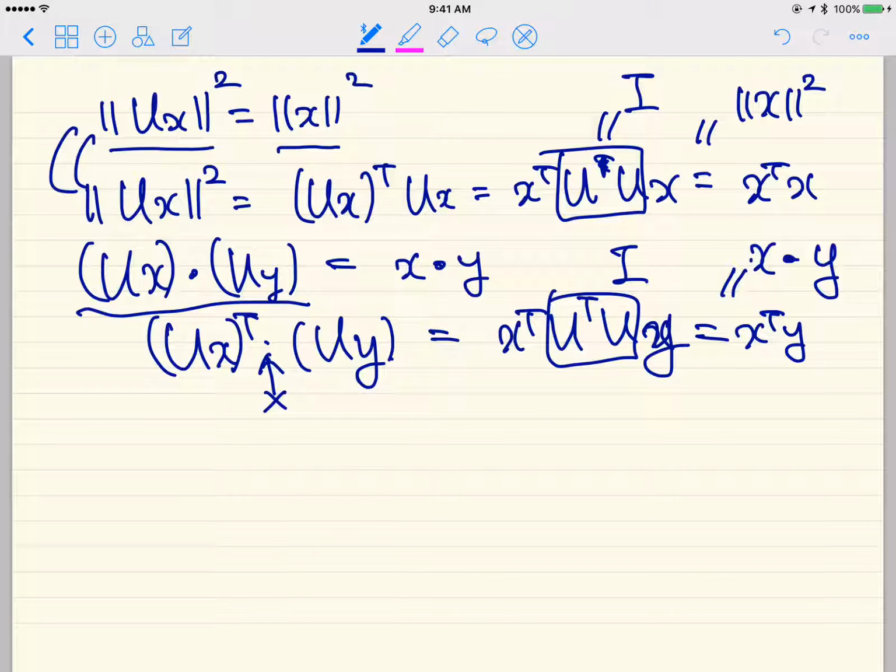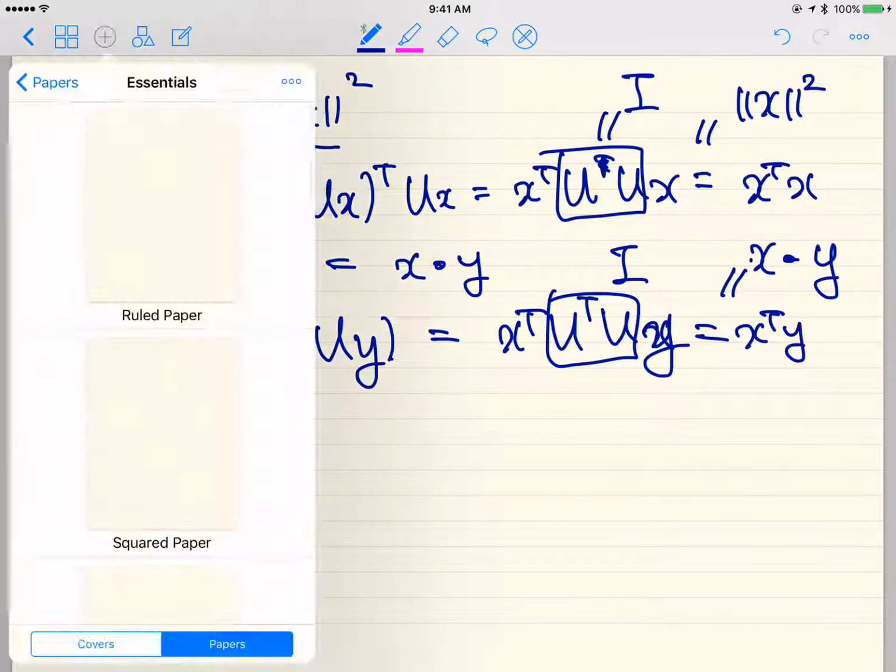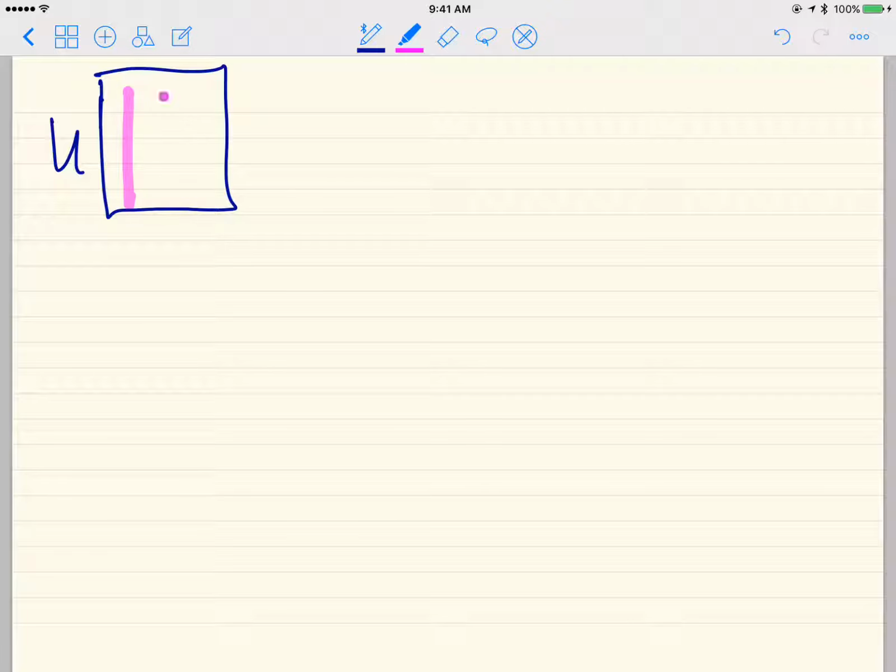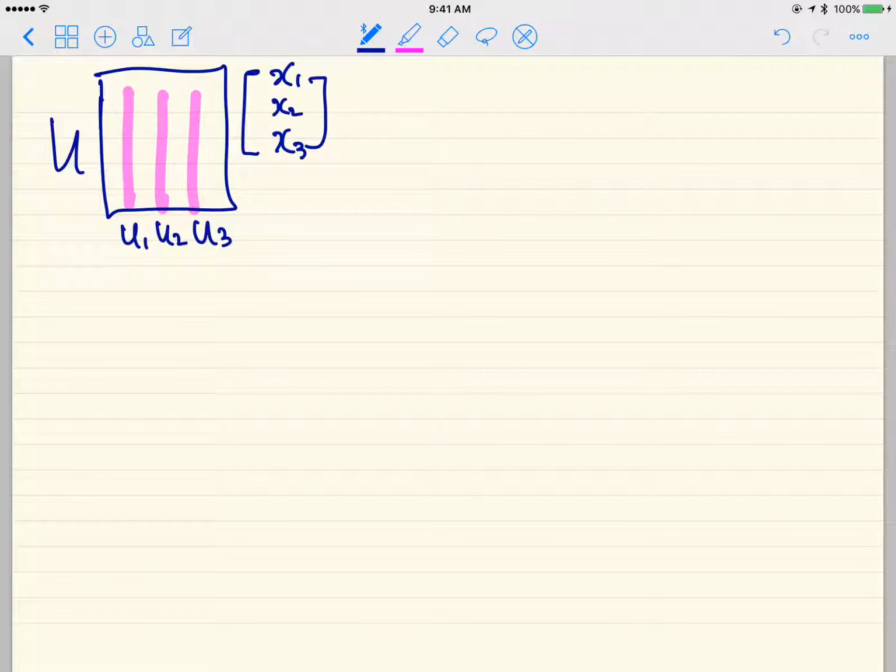Let's think about the three vector case in our matrix U. So U is composed of these three vectors, also normal vectors U1, U2, and U3. And then let's consider the three-dimensional vector, maybe x1, x2, x3. So this is something like 1, 2, minus 1 or something, that we had in the previous example.